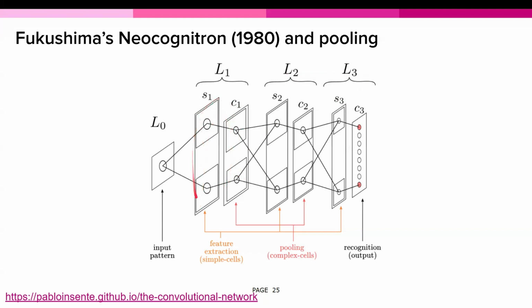The first layer of the level is called the S layer, and the second layer of a given level is called the C layer, which corresponds to complex cells. The input level, L0, is actually the retina. It receives the raw input image, potentially by means of an array of photodetectors.